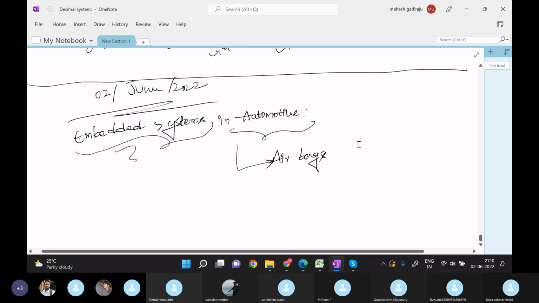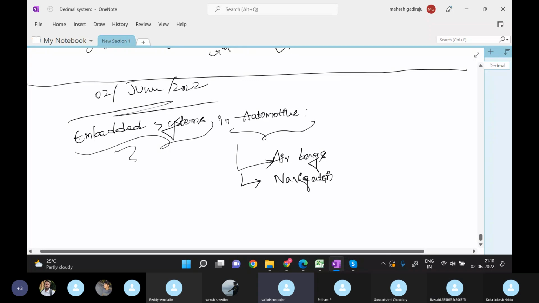If anyone answered when I went out of the call, please can you repeat once again? What are all the embedded systems you can see in the automotive? Maybe airbags, navigation, steering, sensors. Navigation, correct.